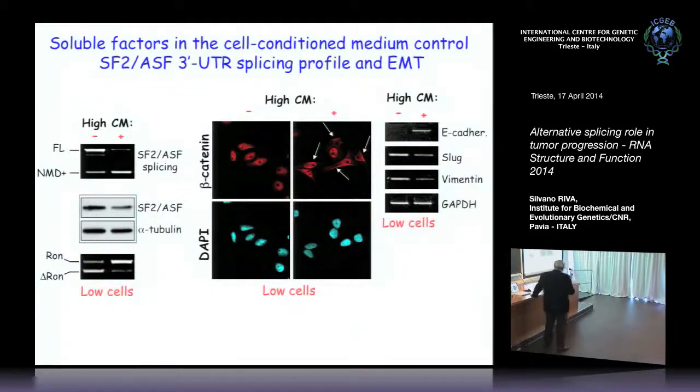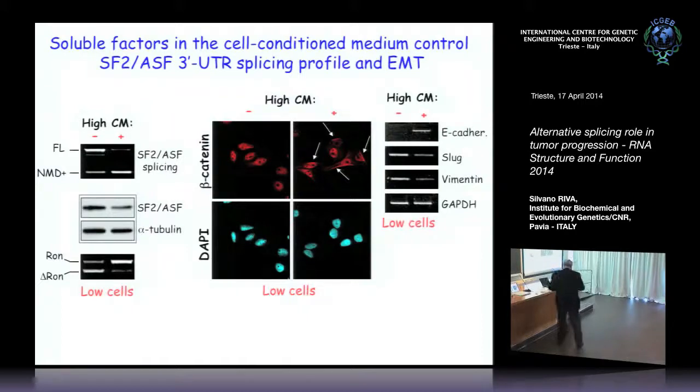Let's go back to the SF2 story. High density, low density. But not only that. If you take conditioned medium from high density cells, so you grow the cells at high density in a medium without serum, and you take what the cells secrete, so it comes out of the cells, the factors, growth factors, cytokines, whatever.